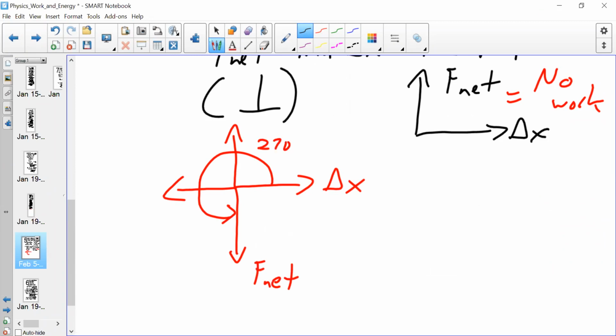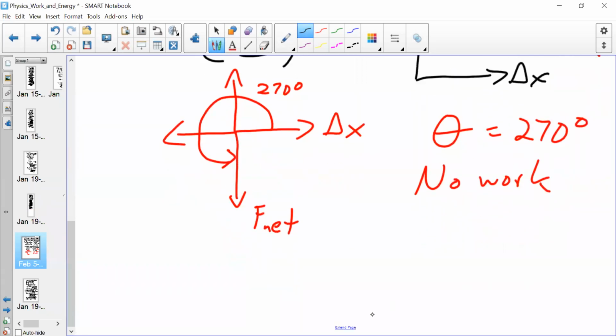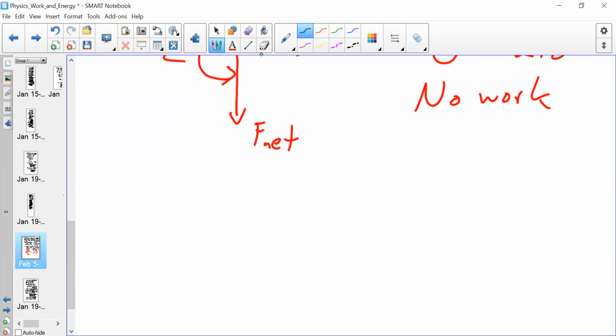And cosine of 270 is 0, so no work can be done if your angle is 90 or 270. But it can be done if the angles are 0 and 180. Cosine of 180 is -1. Cosine of 0 is 1. So we can have some value.